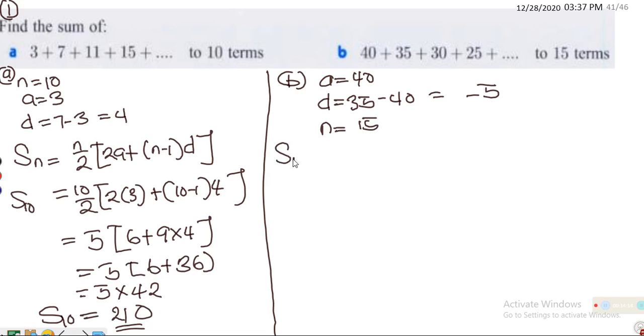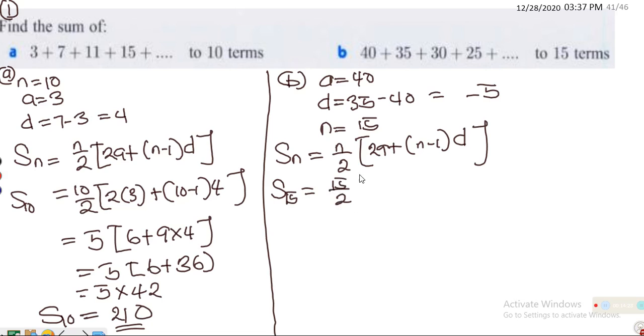So we use the second formula, Sn equals n over 2 bracket 2A plus (n minus 1)d. So the sum of 15, we have S15 equals 15 over 2 bracket 2 times A, 40, plus (15 minus 1) times d, which is minus 5.